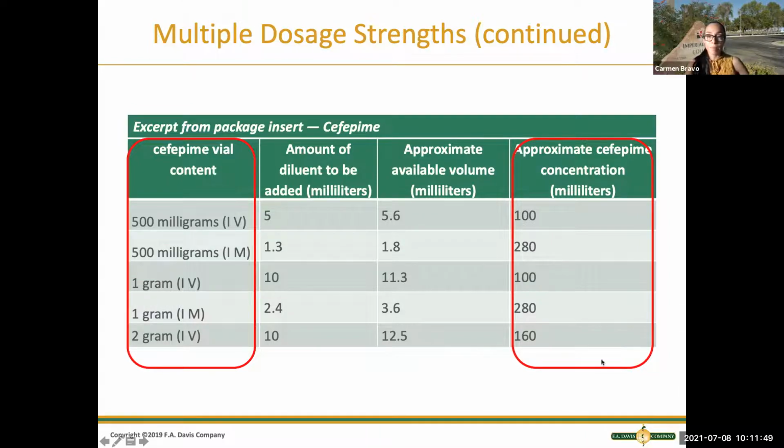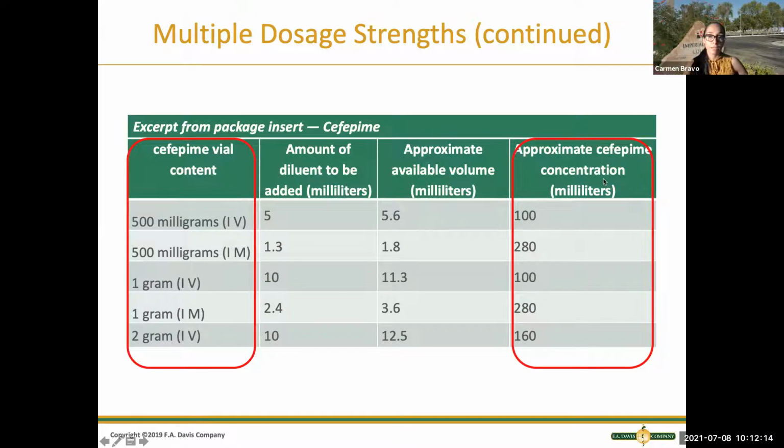So this label is actually providing you with 5 different dosage strengths. And this is cefepime. That's another antibiotic that we use. And it tells you, if you have an order of 500 milligrams, this is what you're going to add, the approximate available volume in milliliters.